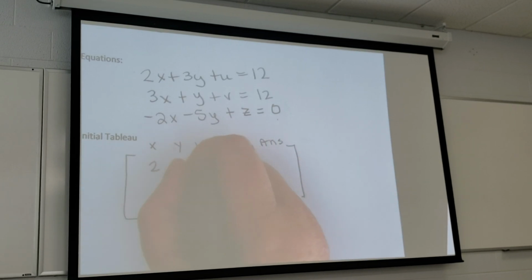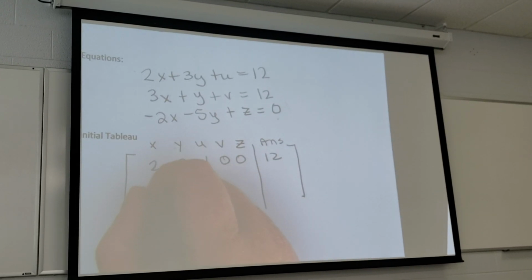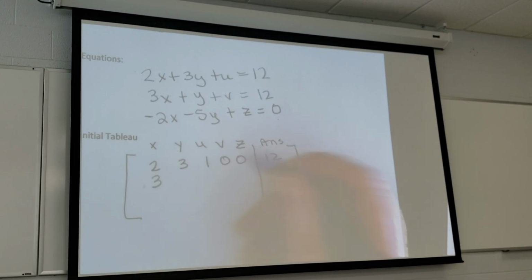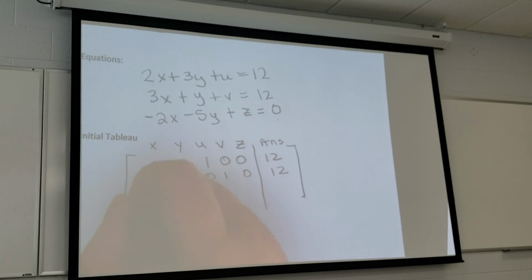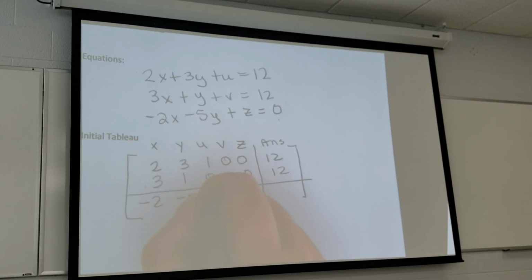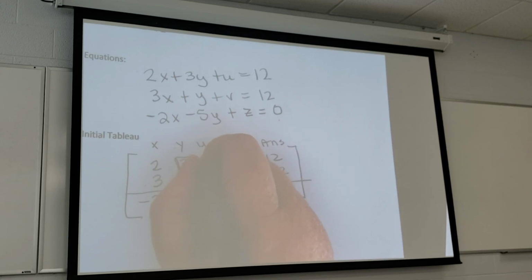And we found the pivot element. The row is 3, 0, 1, 0, and negative 2, negative 5, 0, 0, 1, 0. This is my pivot element.